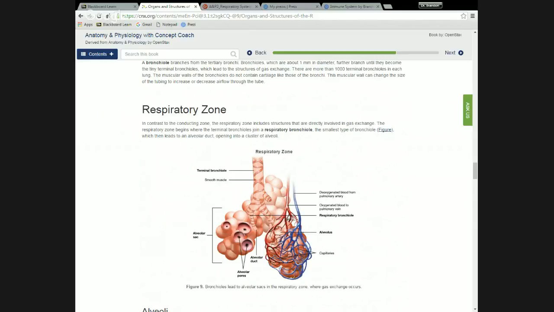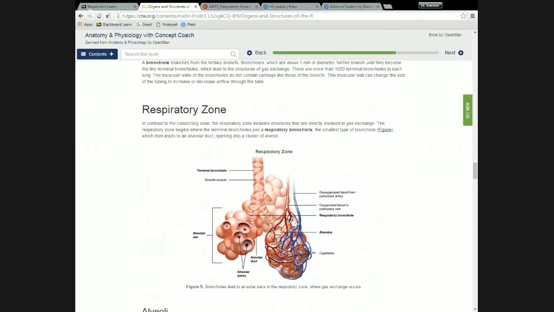They're surrounded by capillaries, and gas exchange takes place between the air in the alveoli and the blood in the capillaries. The blue capillaries and vessels that we see there are coming from the pulmonary artery side of things, and then the red, which is carrying the recently oxygenated blood, leaves through the pulmonary veins side of the system.